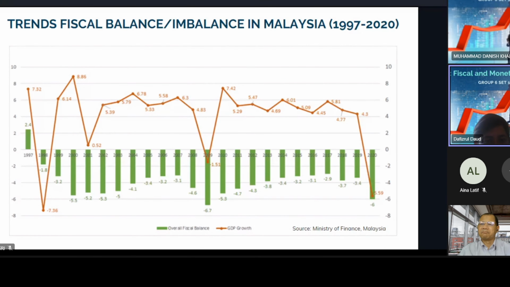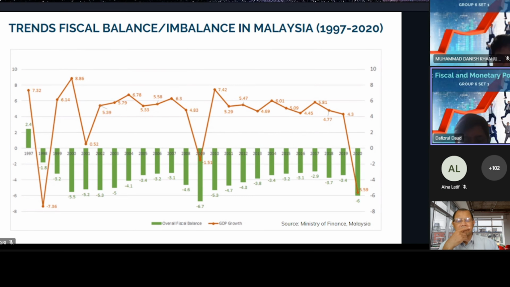Next, the overall balance continued to decline to 5.2% of GDP in 2001. It came from the impact of the global electronic downturn and the 11th of September 2001. In 2003, the overall fiscal balance was still in deficit at around 5% of GDP, but the deficit was reduced.